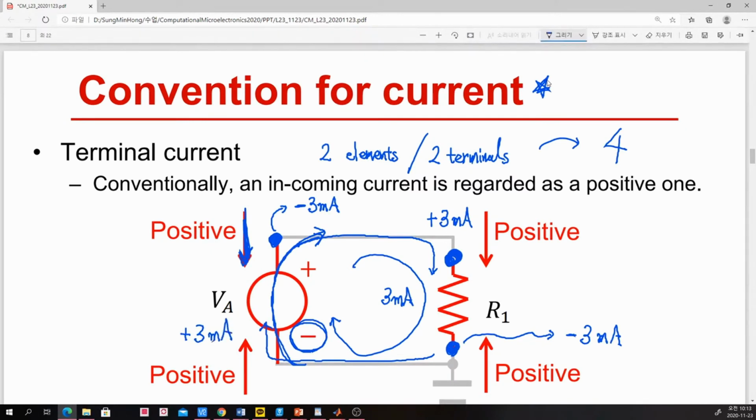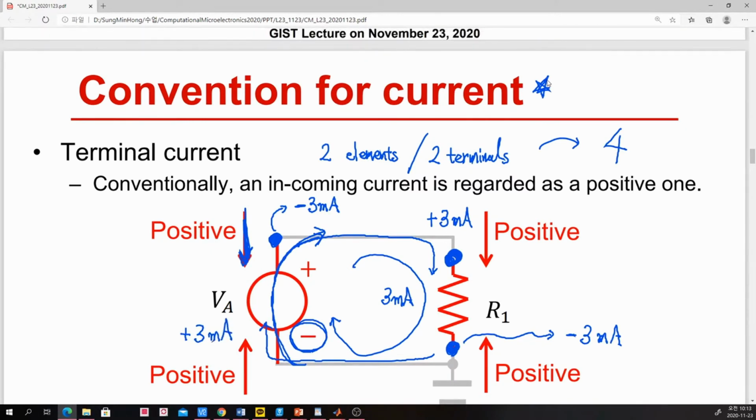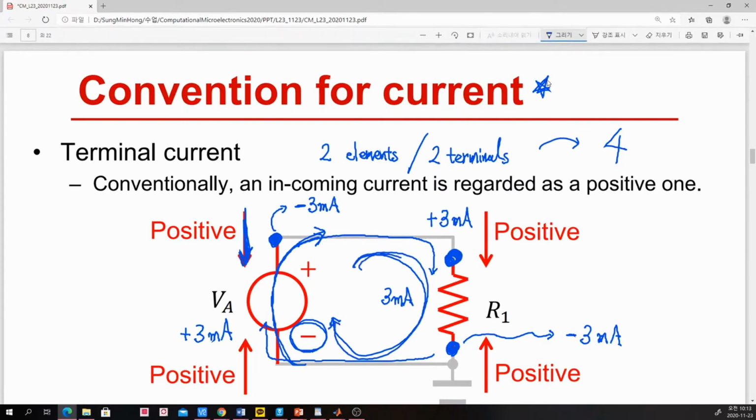So at first glance, you may feel a little bit confused. Why is he talking about 4 different terminal currents? Practically, there is only one circulating current and its direction is given. This is just one single physical phenomenon.